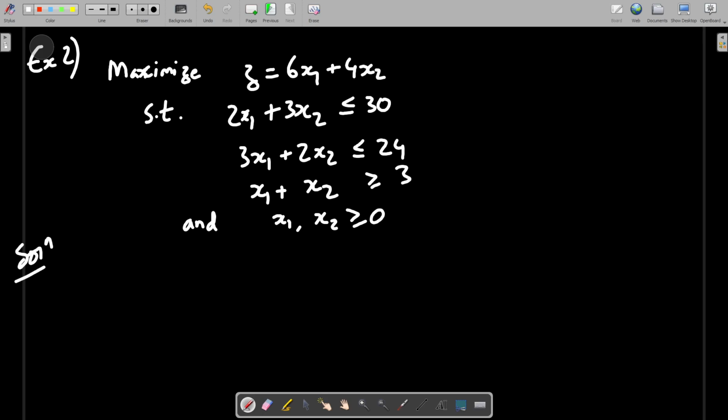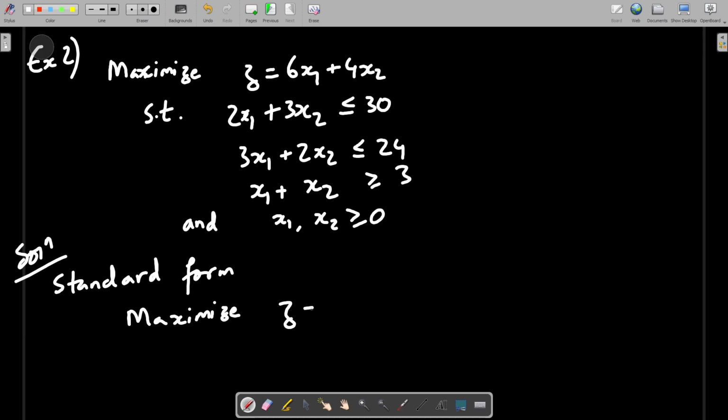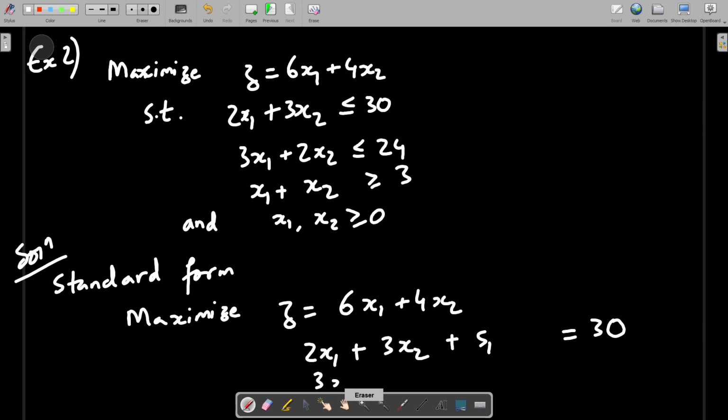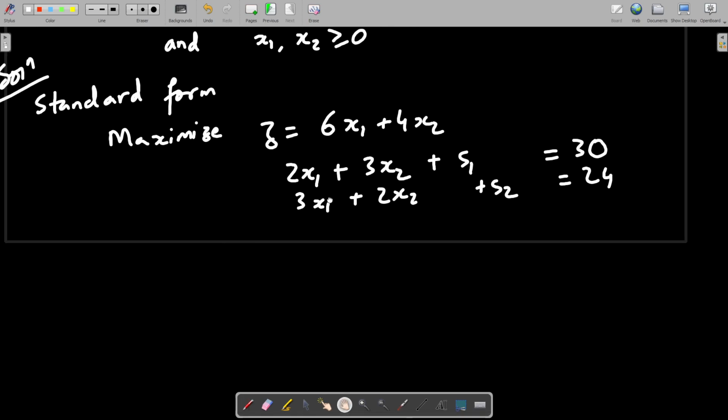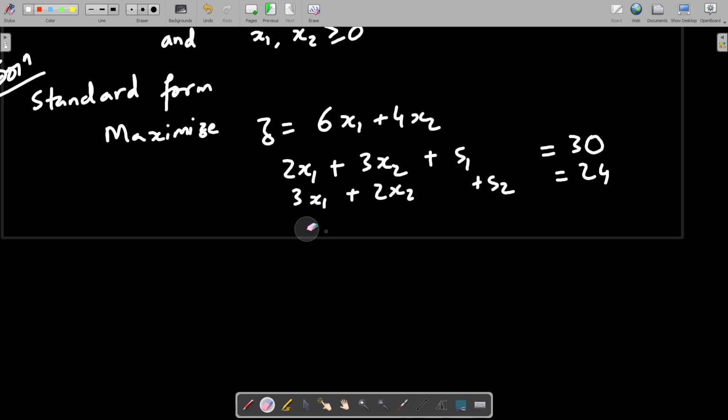Okay, so solution. Standard form. Maximize 6x1 plus 4x2, subject to 2x1 plus 3x2 plus s1 is equal to 30, 3x1 plus 2x2 plus s2 is equal to 24, and next to that x1 plus x2 minus s3 is equal to 3.